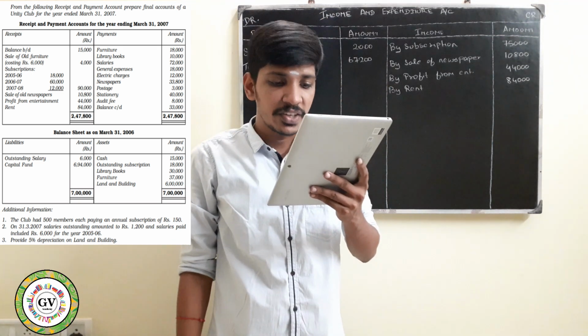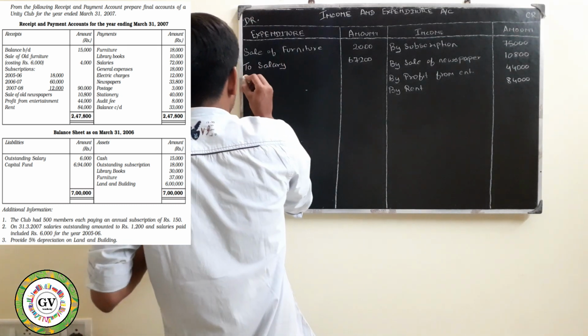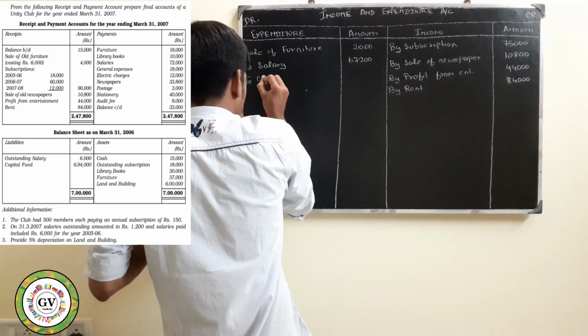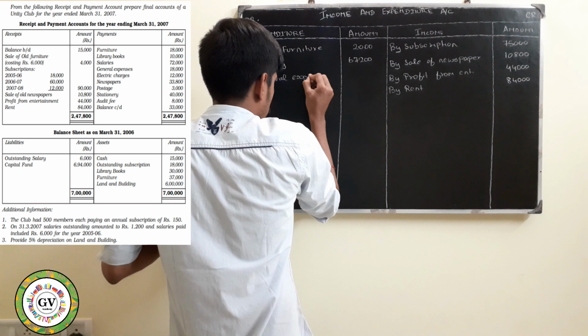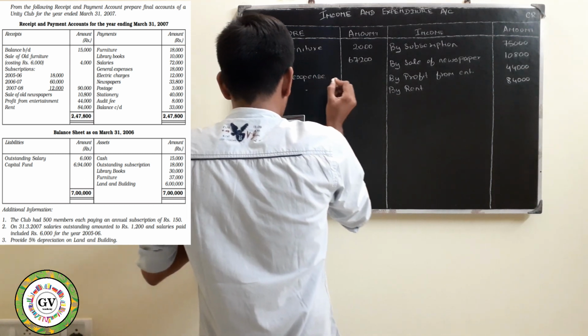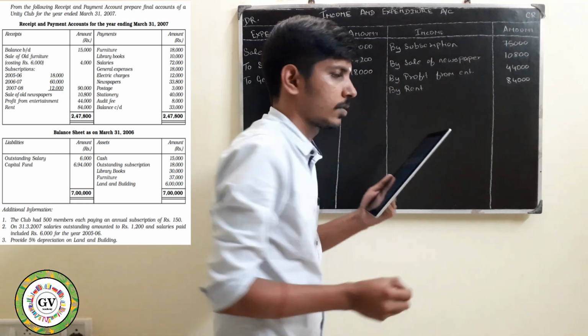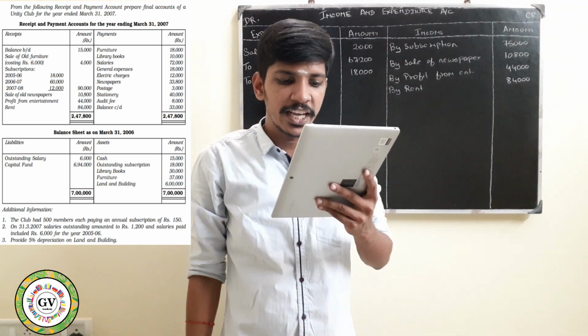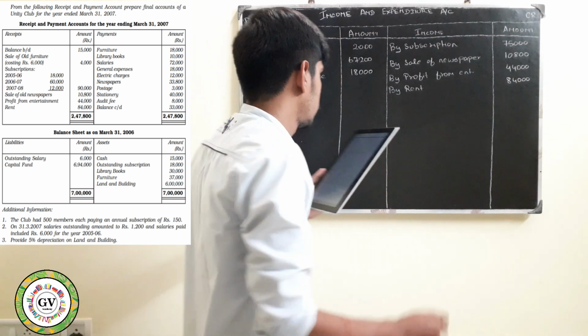The next point is general expense, 18,000, which will be debited in the income and expenditure account. And the next point is electricity charge, 12,000, which will also be debited in the income and expenditure account.